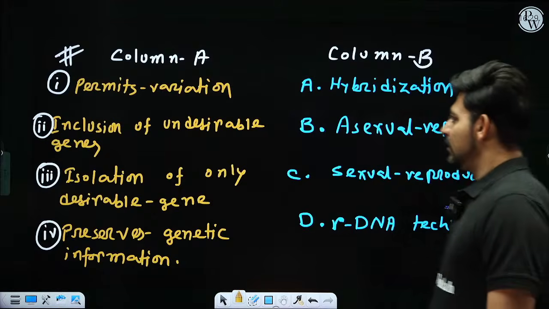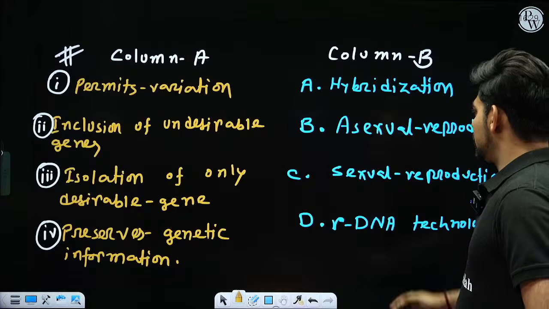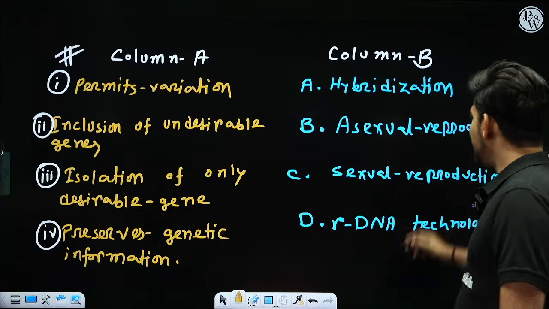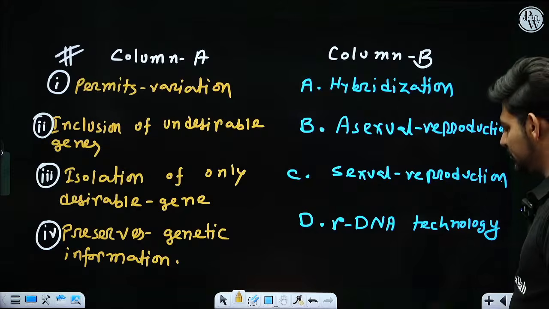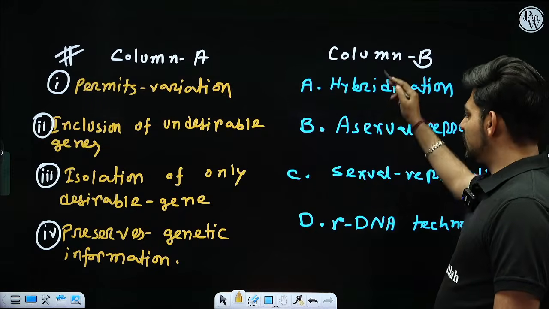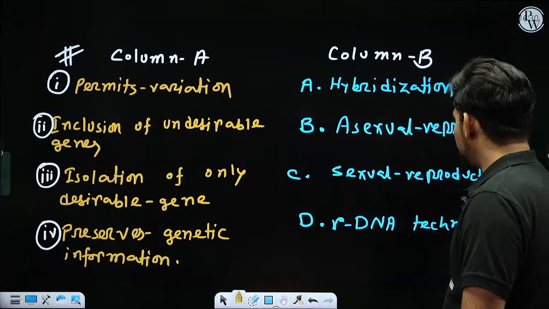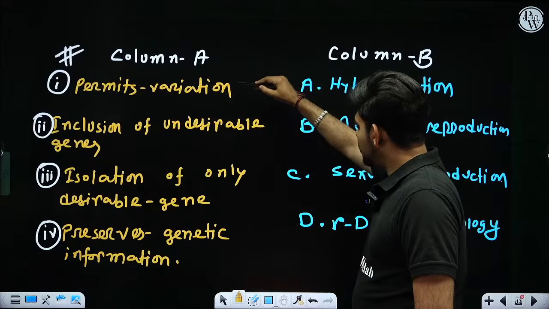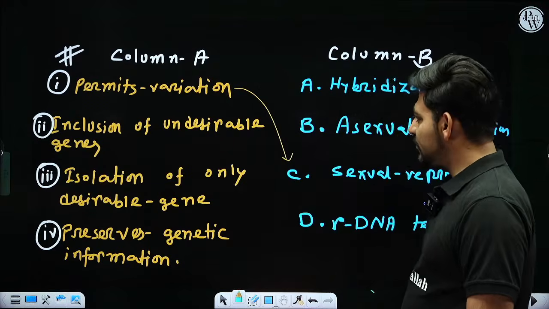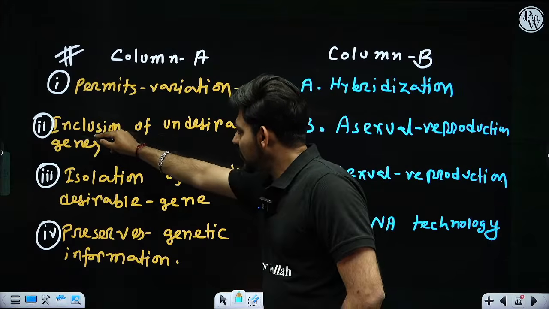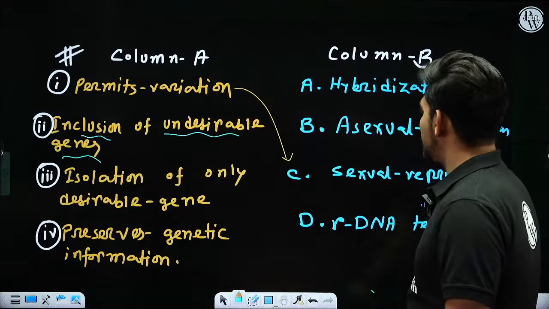Okay. Now two columns are given and we have to match them. Some techniques are written here: hybridization, asexual reproduction, sexual reproduction, and rDNA technology, recombinant DNA technology. Which of these permits variation? Sexual reproduction permits variation. Which of these techniques is used for inclusion of undesirable genes? Hybridization.